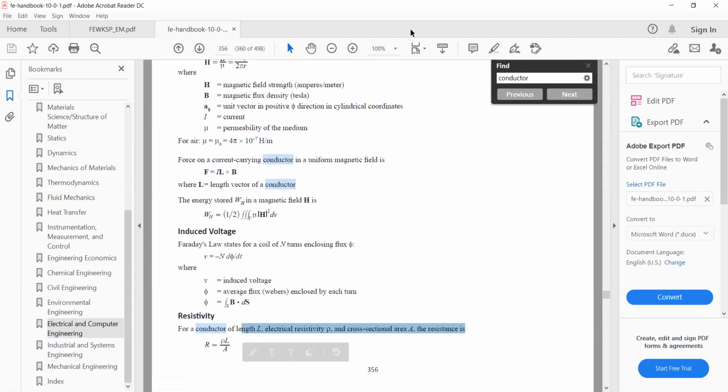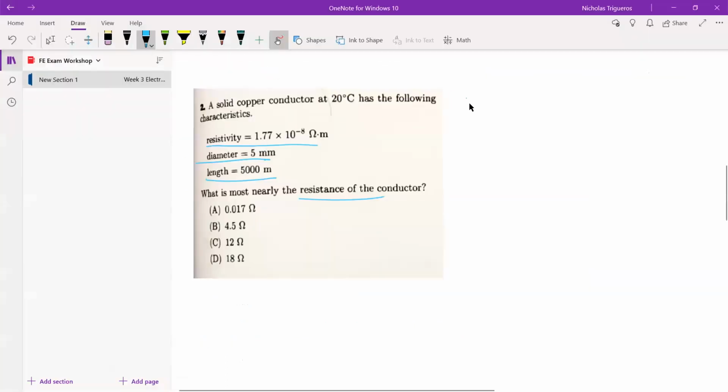So R equals rho L over A. And rho is the thermal resistivity, I believe. Oh, electrical resistivity, my bad. Which we have as 1.77 times 10 to the negative 8.